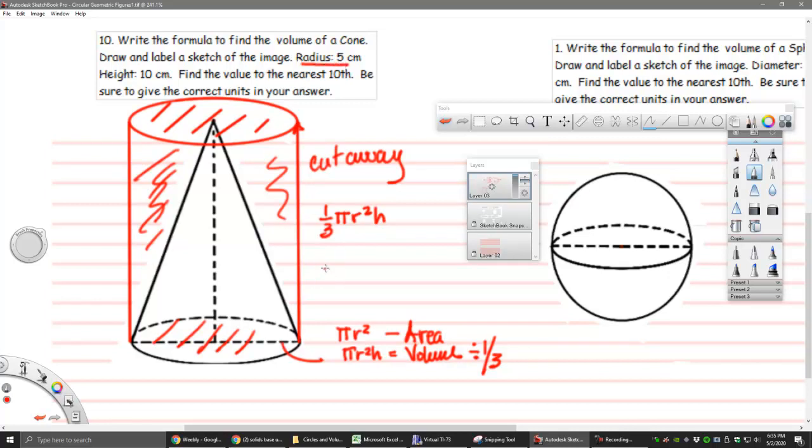And now we have to find the radius. So 1/3 pi times 5 squared times the height, which is 10. And now I'll go ahead and get my calculator out and we'll times all this together.